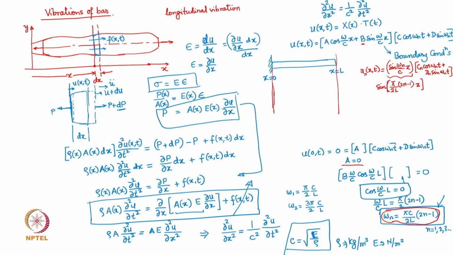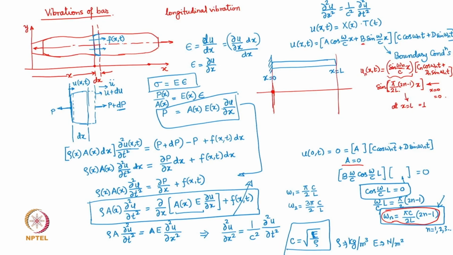So at x equal to 0, for the first mode shape, what is the value of the displacement? It's going to be 0, since sine of this particular term at x equal to 0 is equal to 0. What happens at x equal to L? It's going to be equal to 1.